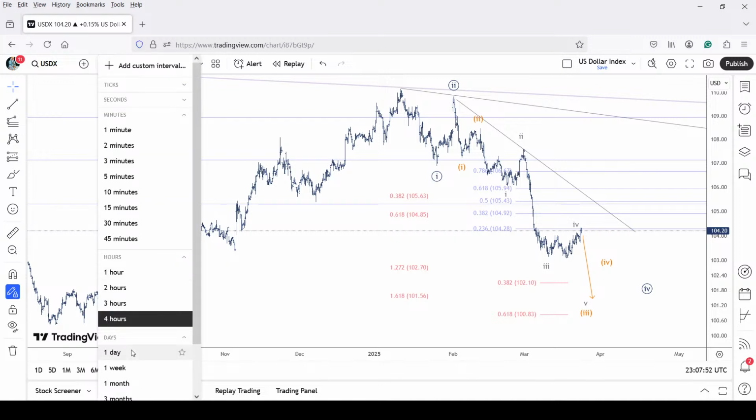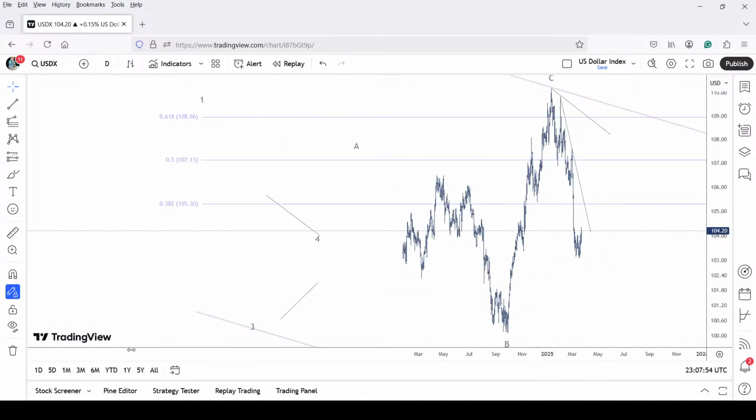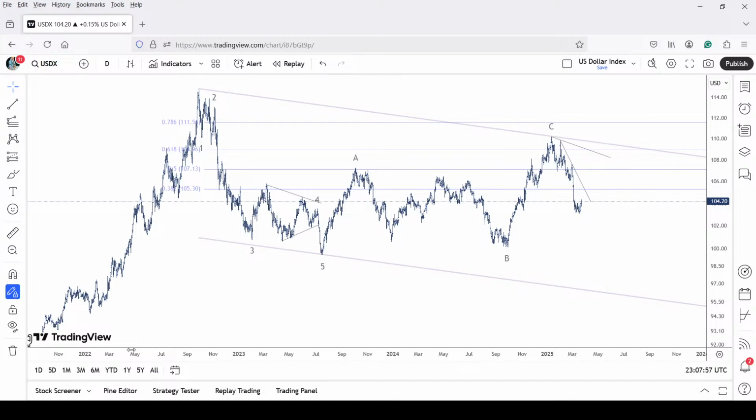Right, we will go and touch base with the daily chart. So we've got a larger degree impulse lower, which could be wave A as well.